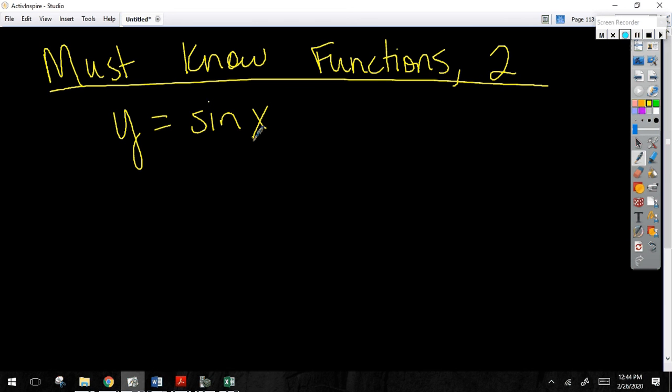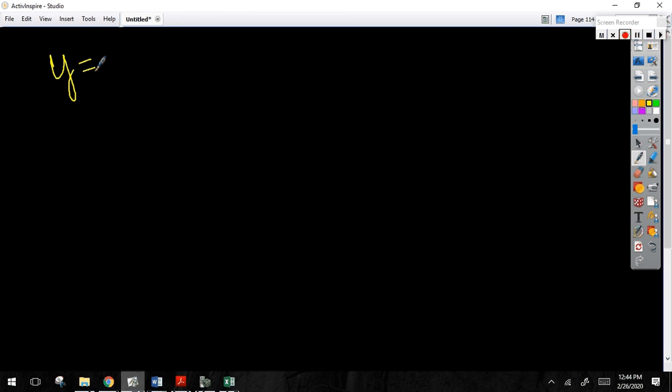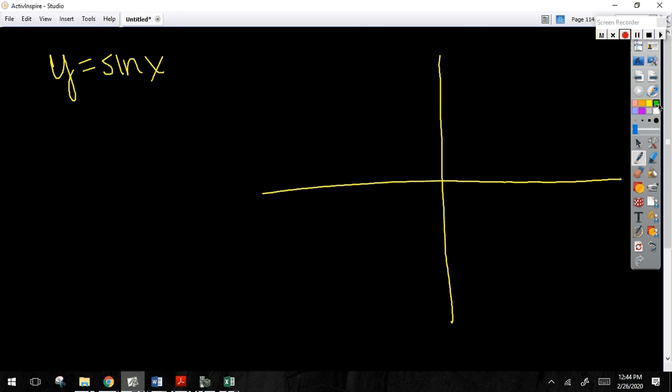So when we graph it, and this is going to look weird, what we get is a curve that continues on and on and on. You'll want to take your y-axis up to 1 and down to -1.